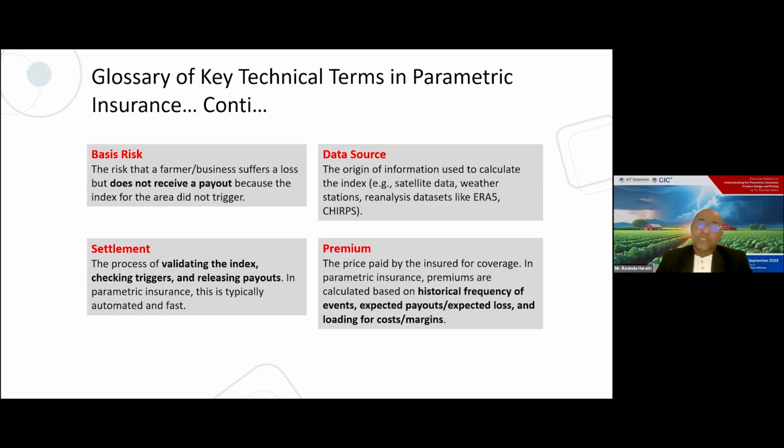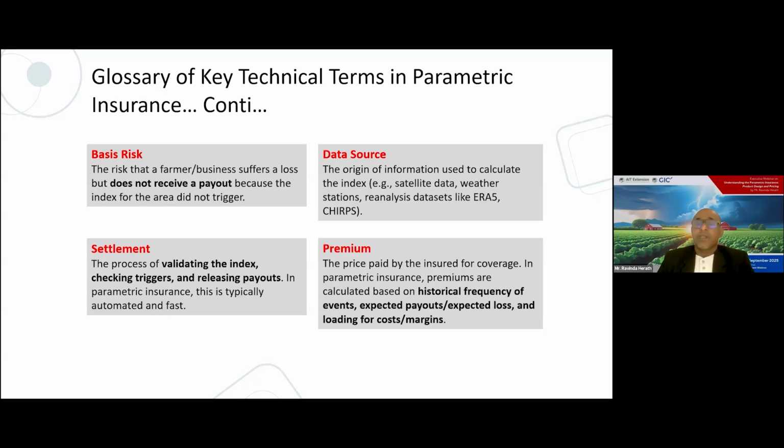In parametric insurance basis risk exists, because in some cases the actual loss is not paid even though the damage is there, and in some cases there is a payout but no actual damage, right? To manage basis risk, we follow some methodologies and strategies to mitigate it in product designing. So we will discuss it further in the full training program.